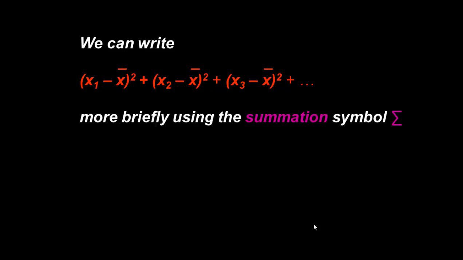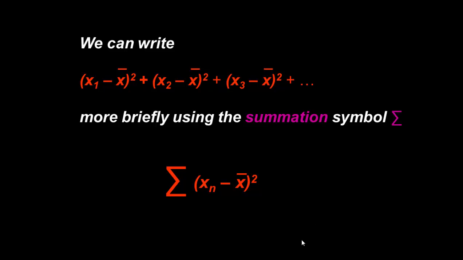And use this capital Greek S, the sigma notation, to indicate summation. So that top line in red can be written more succinctly using the bottom line, and that reads as the sum of the deviations squared, the sum of each element's distance from the mean squared. You square them all and you add them all up. So the summation sign, the capital sigma, simply stands for add all the terms together.